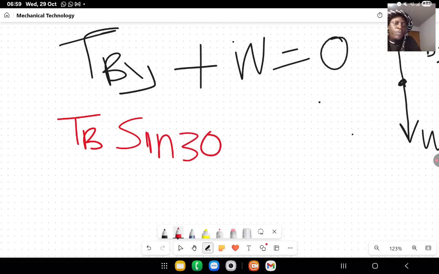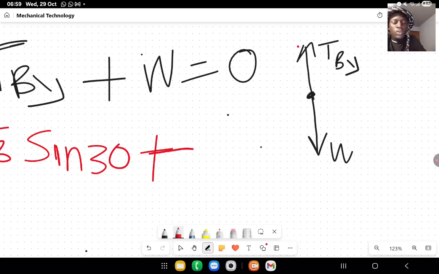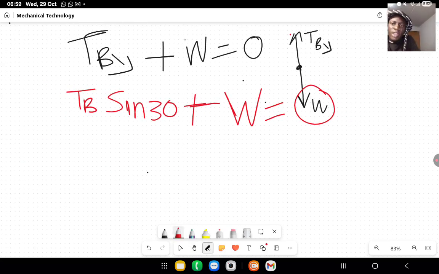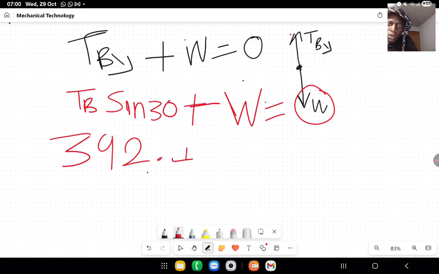Let me just put TB sine 30 plus our weight is equal to 0. Therefore, what is our TB? We have already calculated our TB. Our TB is 392.4 because we calculated it when we said weight is equal to TB but in different direction.